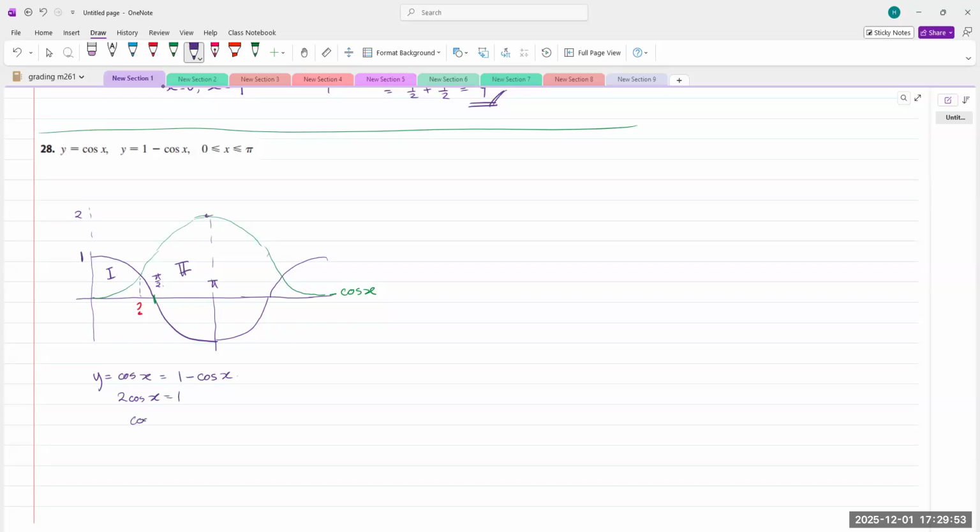So cosine x equals 1/2. And we can see the intersection is in the first quadrant. So x is pi over 3, as x is in quadrant 1. Okay. So now we see that this is pi over 3.